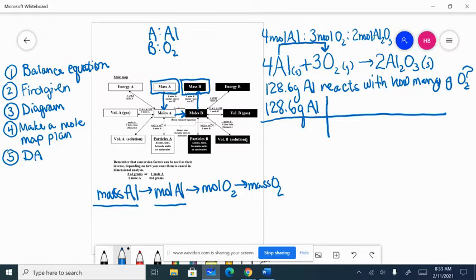I'm going to see the pattern. Remember, this pattern every single time is going to be the same. The units will always go like that so that we're canceling out. So my units of grams of aluminum go here. And I'm going to change it to moles of aluminum so it goes up here.